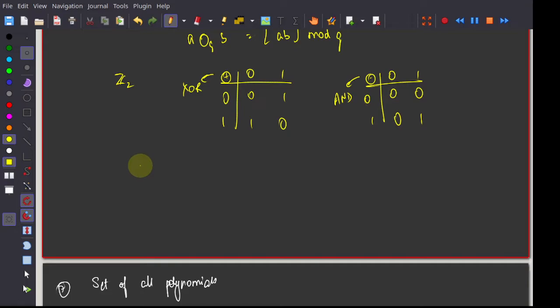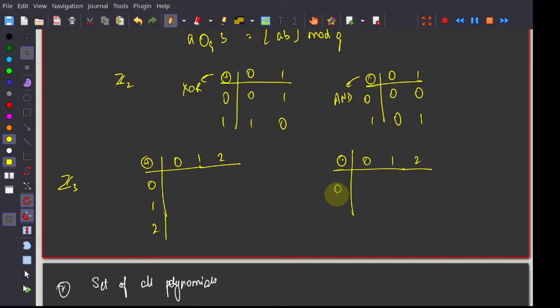Okay, so let's just take one other example, which is maybe Z_3. What is the addition table? 0, 1, 2, 0.